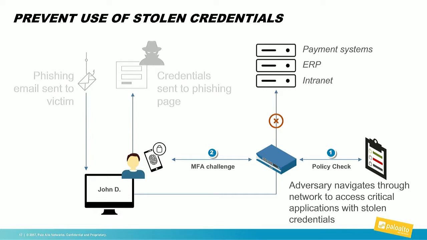This is enforced using policy at the network level by the firewall, so it doesn't require any specific integration between your authentication provider and your application. Attempts to escalate privileges and move to more sensitive areas of your network without valid multi-factor authentication would be prevented.